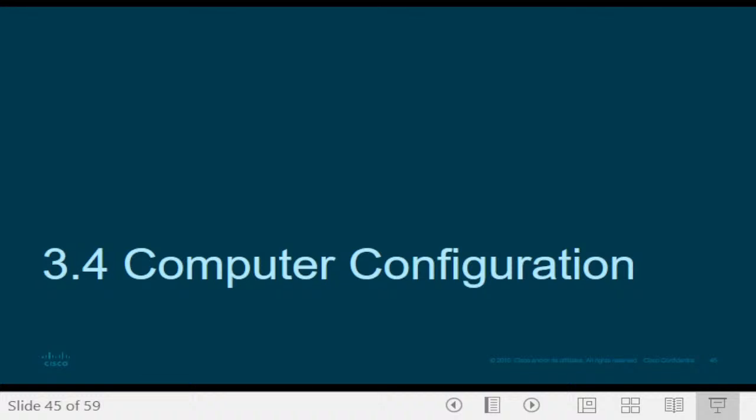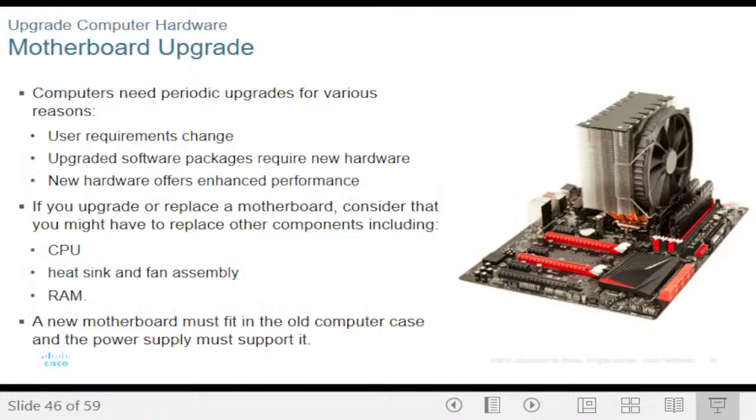The next part of this lecture is about configuration, where you want to do the configuration and maybe upgrade or make your laptop or your computer work much better and faster. So the first part that you might want to do, for example, is upgrade the motherboard.